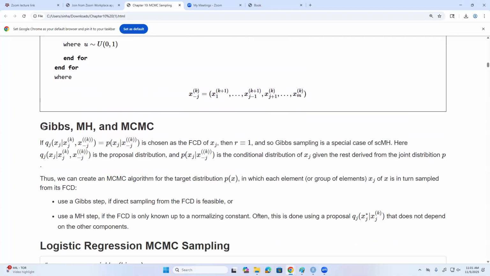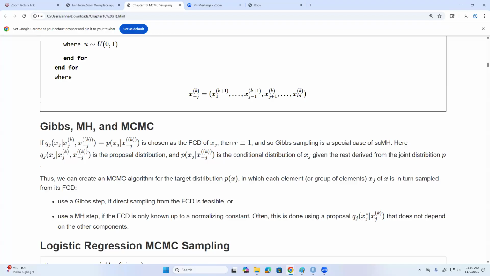Now, some comments about Gibbs, Metropolis-Hastings, and MCMC. If Qj, the proposal distribution for the jth component, is the same as the conditional distribution of xj derived directly from the joint distribution, that is, the full conditional distribution of xj, then we get Gibbs sampling, right?